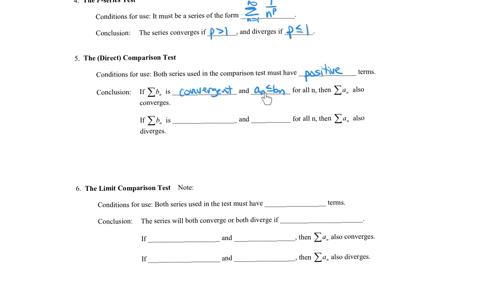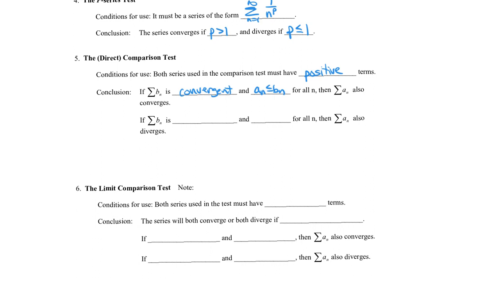And a sub n is less than or equal to b sub n for all n. So a sub n is smaller than b sub n. We know if we add up all the b sub n terms, we get a number because it converges. Well, if a sub n is smaller than that, it's going to have to converge also, right? There's no way if this is smaller, it can somehow add up to infinity and diverge, right?